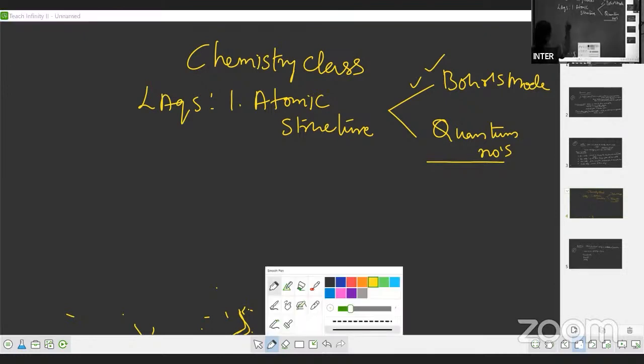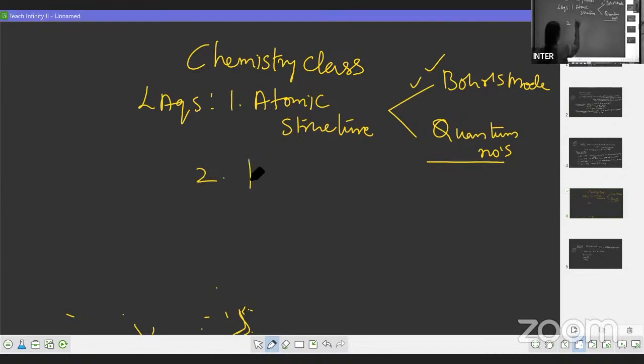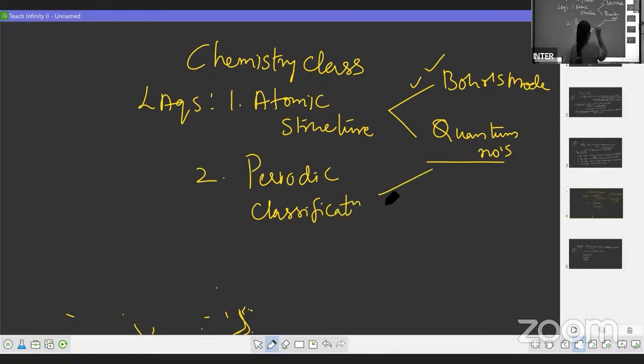Then the next question is from periodic classification. This is the second chapter. In this, we have 3 questions. One is classification of elements into SPDF blocks.